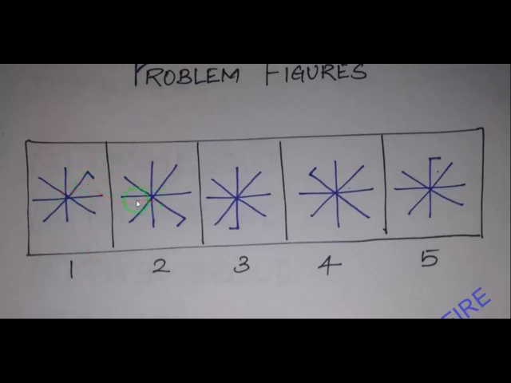Between the first figure and the second figure there is one line in between. Here this is a 0, you take a 0, because there is no line between this angle and this angle. So we put 0 for this.